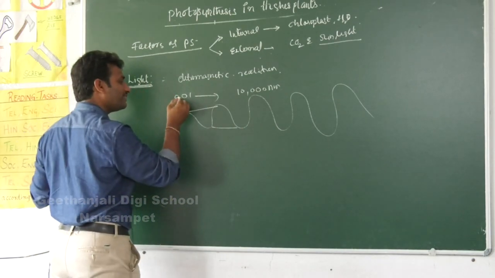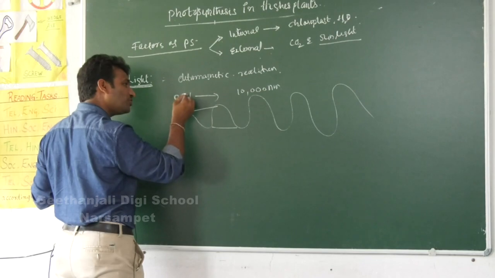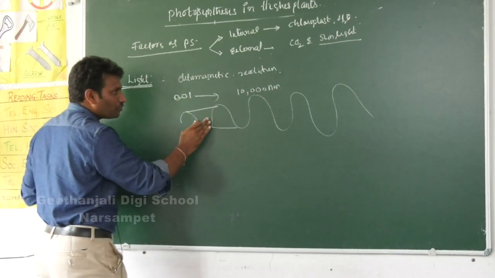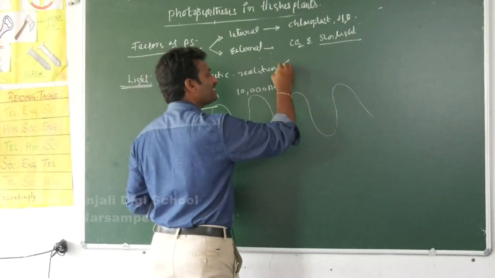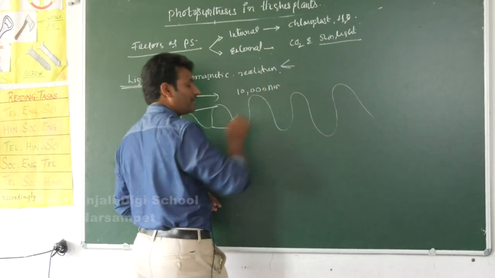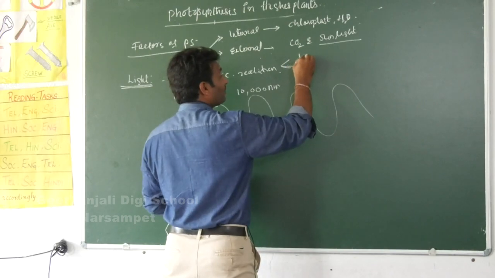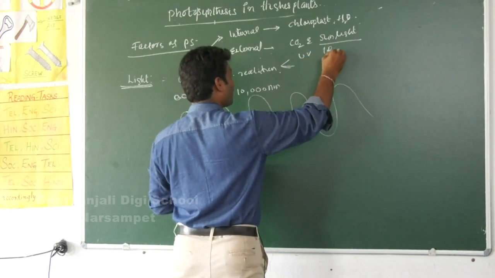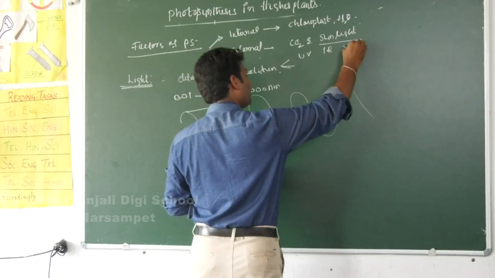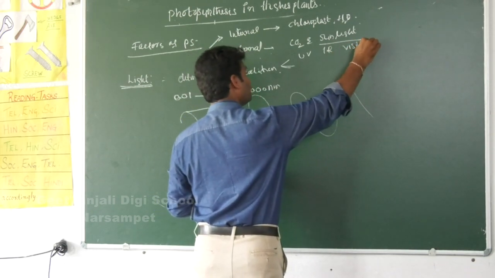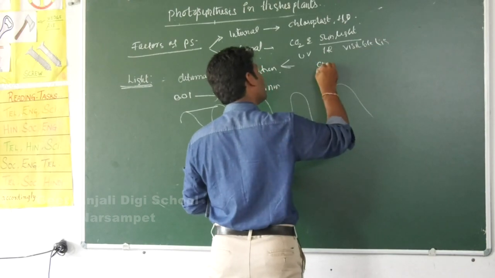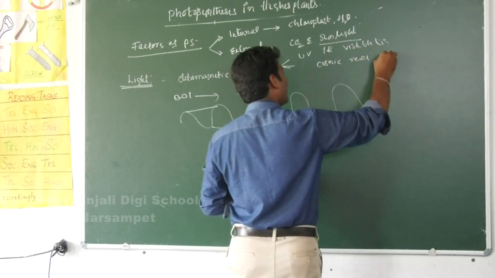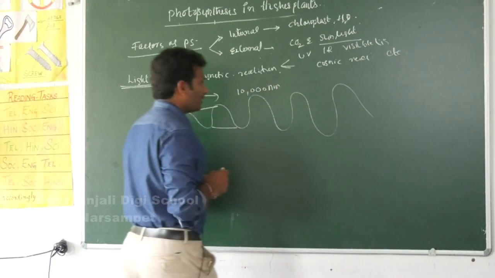When we take the wavelength from 0.01 to 10,000 nanometers, the electromagnetic radiation consists of all types of rays. It contains ultraviolet rays (UV rays), infrared rays (IR rays), visible light, cosmic rays, radioactive rays, and other rays.